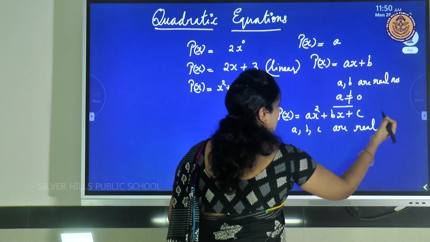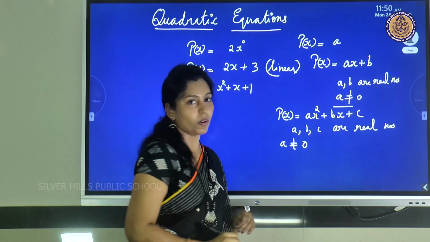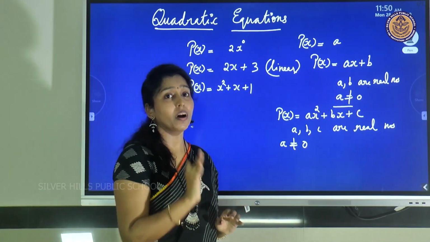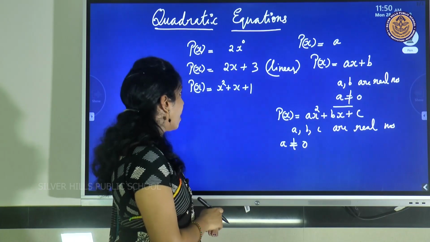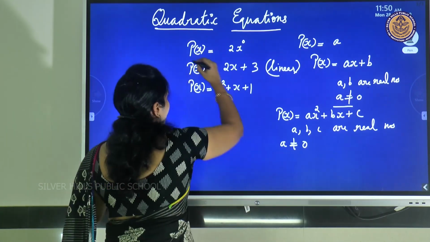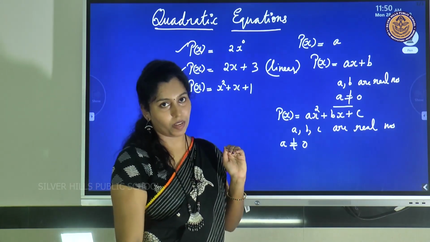And one condition is a not equal to 0. That is very important. The first constant can accept any real number value other than 0. So, we discussed constant polynomial, linear polynomial and quadratic polynomial.